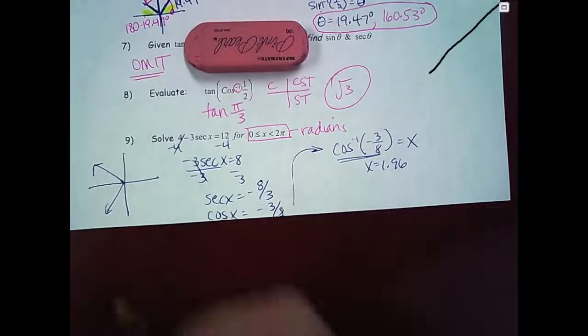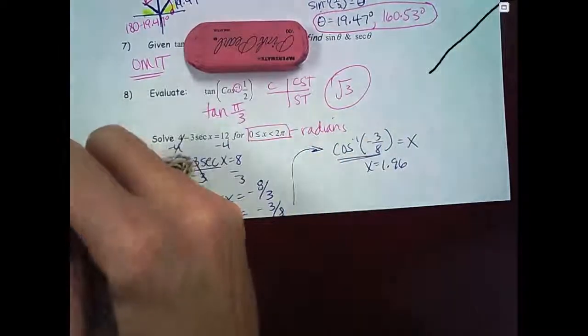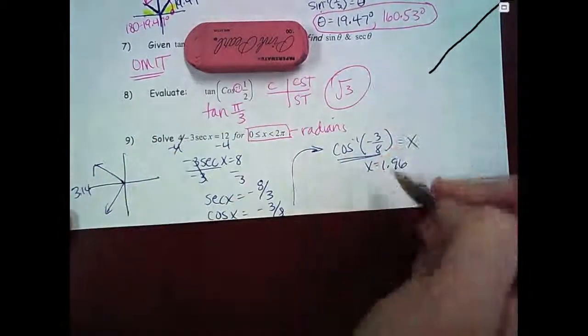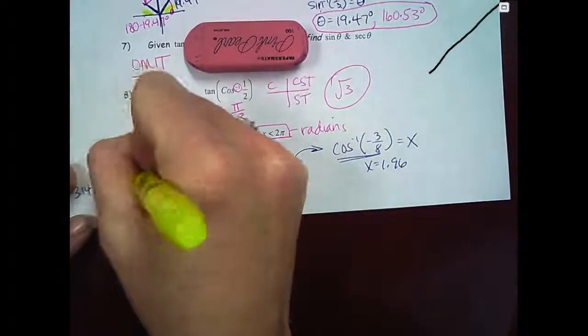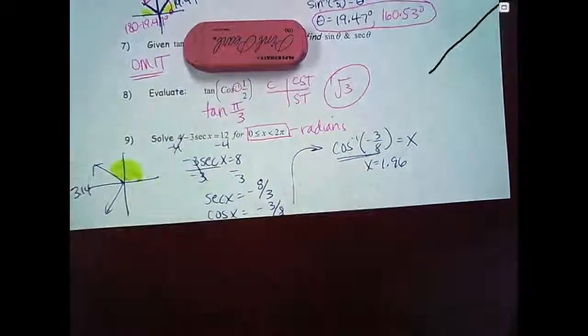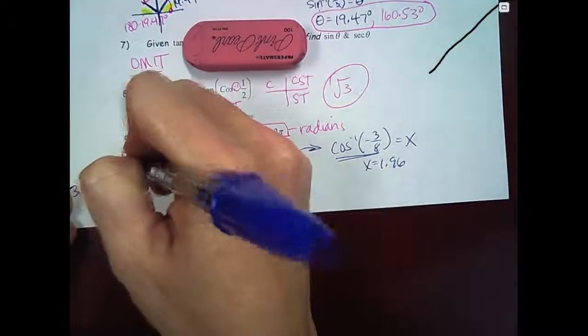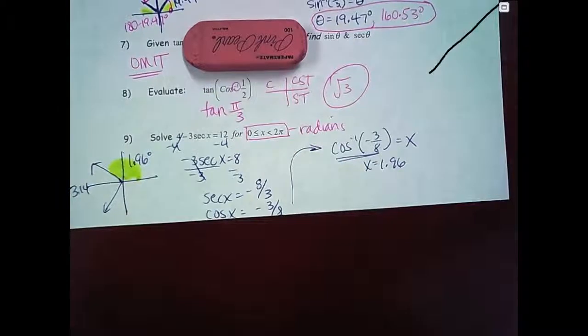Now, guys, if this is radians, this is 3.14. So 1.96 is actually the distance from here all the way to here. All this is 1.96. Right?